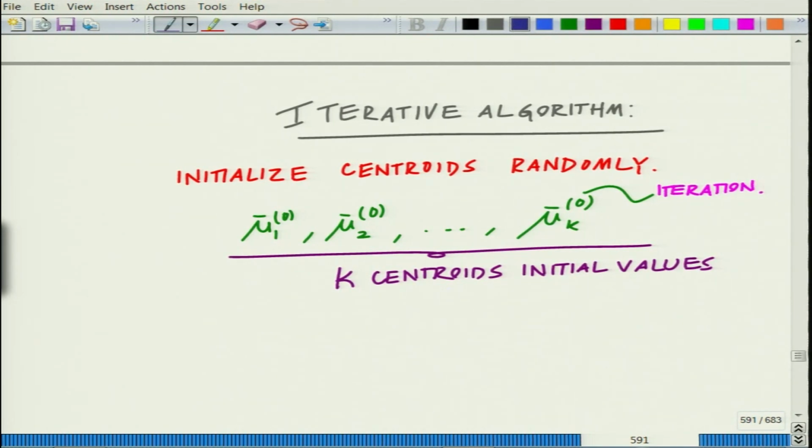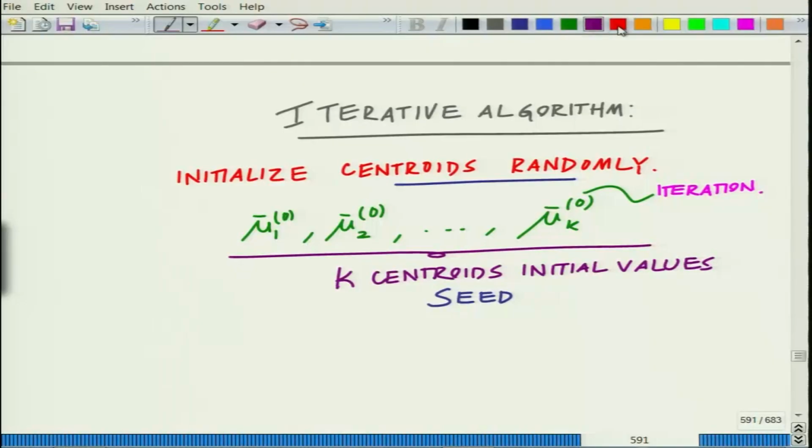So, you have seeded these; this is the seed of your algorithm. These are initialized randomly, and this is how we initialize our k-means algorithm, which is essentially an iterative algorithm, all right, k-means clustering.